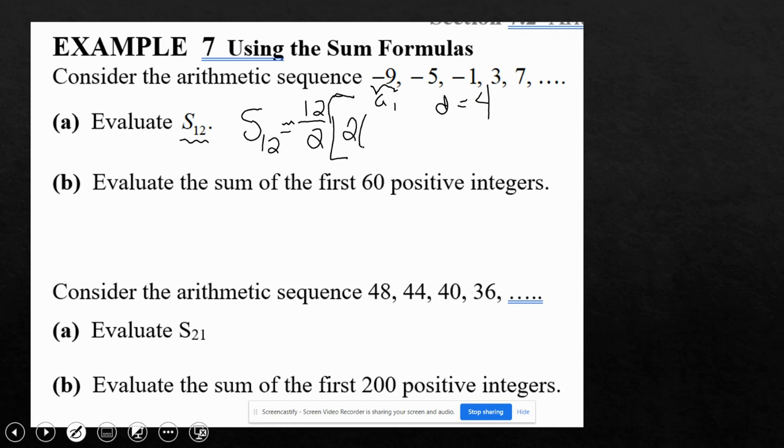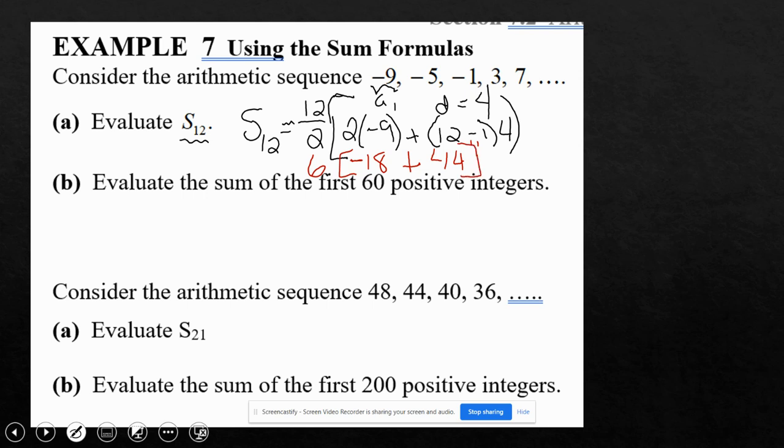We have 12 over 2 times 2 times our first term, -9, plus n, which is 12, minus 1, times our d, which is 4. 12 over 2 gives us 6 times -18 plus 12 minus 1 is 11, and 11 times 4 is 44.